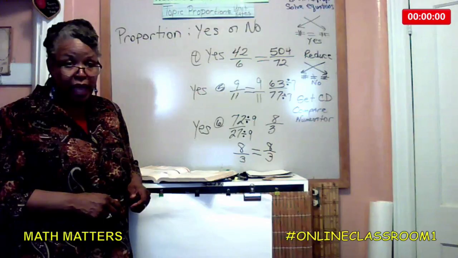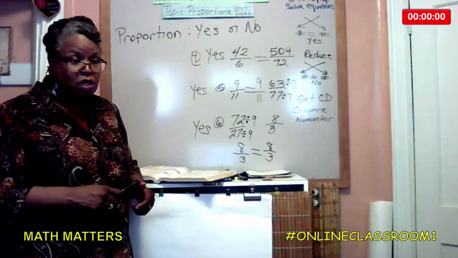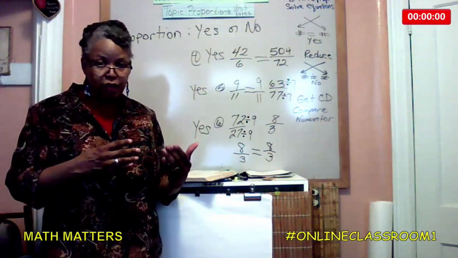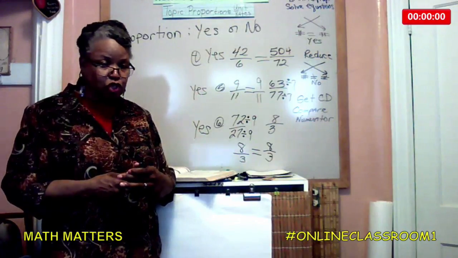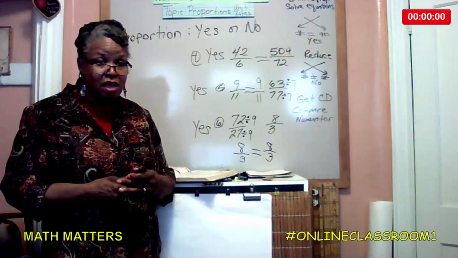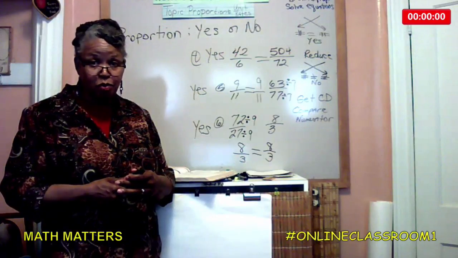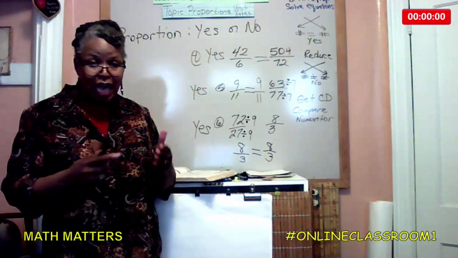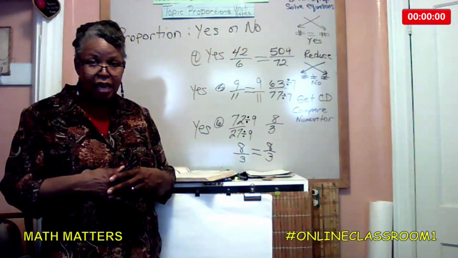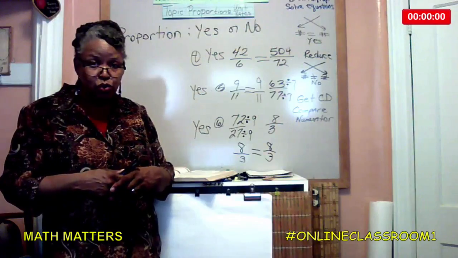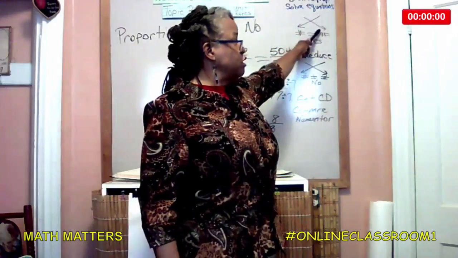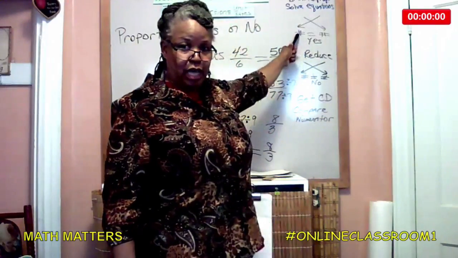And know that if those particular ratios are equivalent, then you've got a proportion. If they're not equivalent, then you don't have a proportion. You can't rely on it if they're not equivalent. And there were different strategies to use. Remember the cross multiplication across the equal sign?